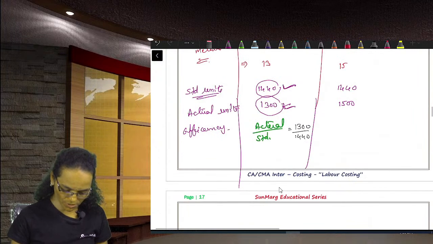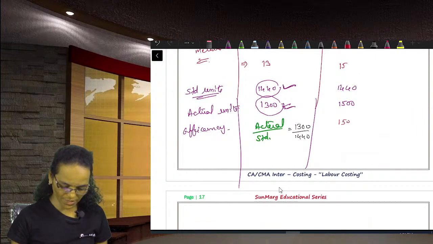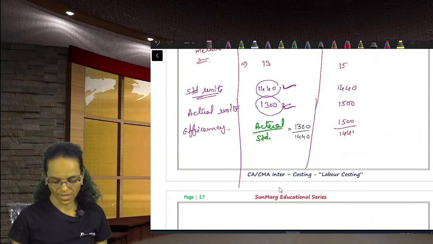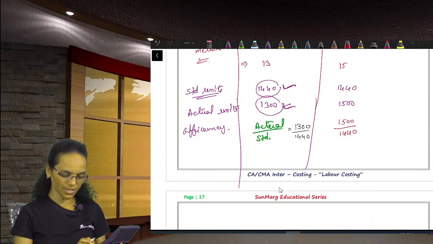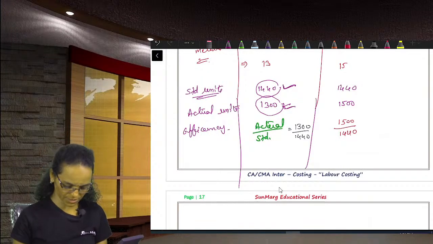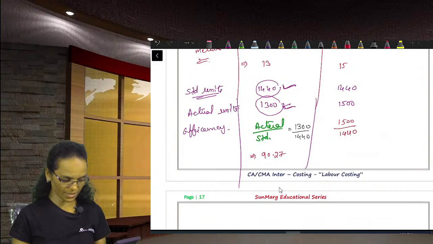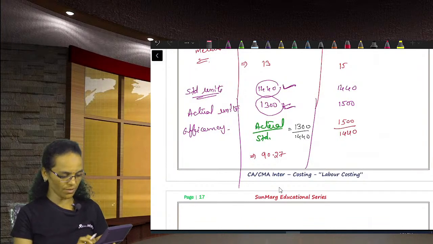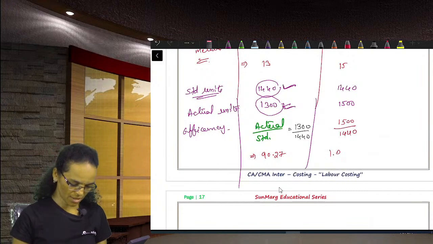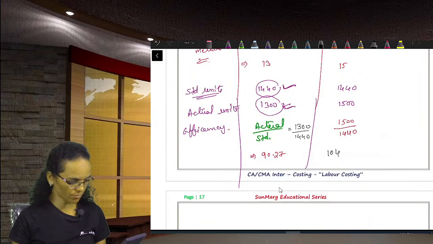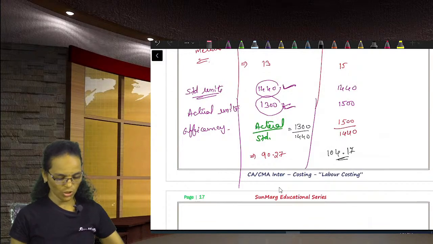Here also, 1500 they produced when they were asked to produce 1440. So what is the efficiency? 1300 divided by 1440 is 90.27%, and 1500 divided by 1440 is 104.17%.